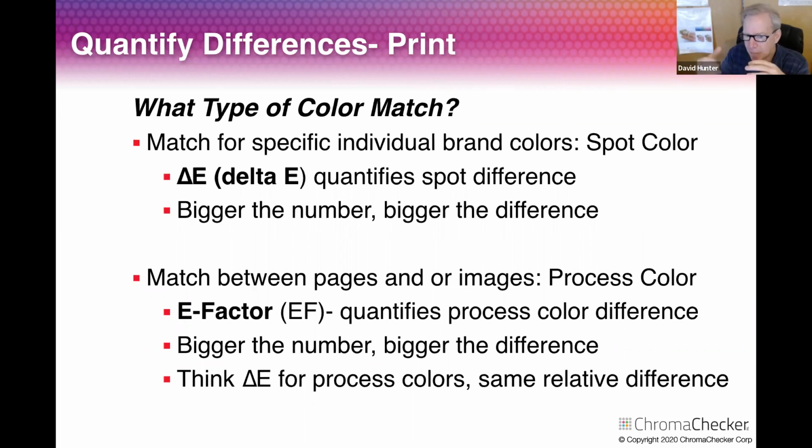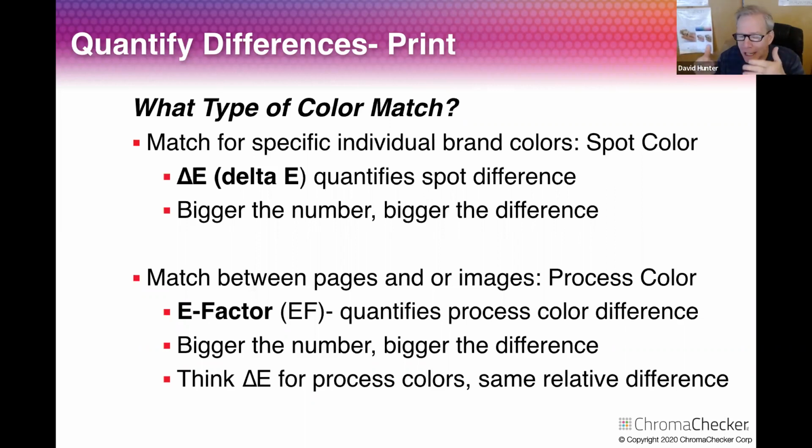It's actually the 95th percentile delta E, which encompasses all the colors within the page and gives you a very good metric to help you understand how different the pages are from one another. And just like delta E, the bigger the number, the bigger the difference.